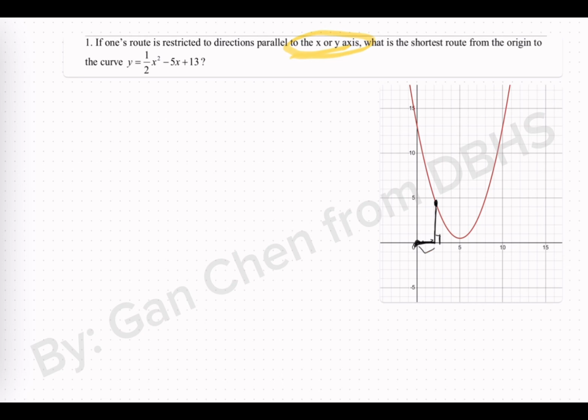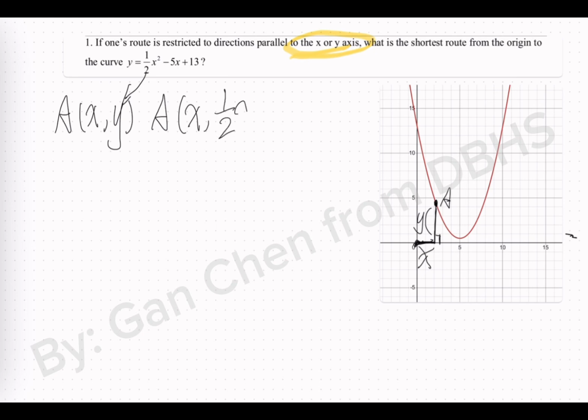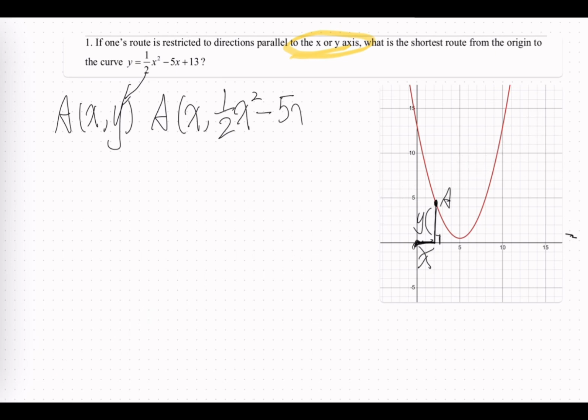This distance will be x, then this distance will be the y value, right? So when we really express this specific point, I will call it point A. So point A is x, y, right? So when we plug this in, we will get A is x, a half x squared minus 5x plus 13, right?